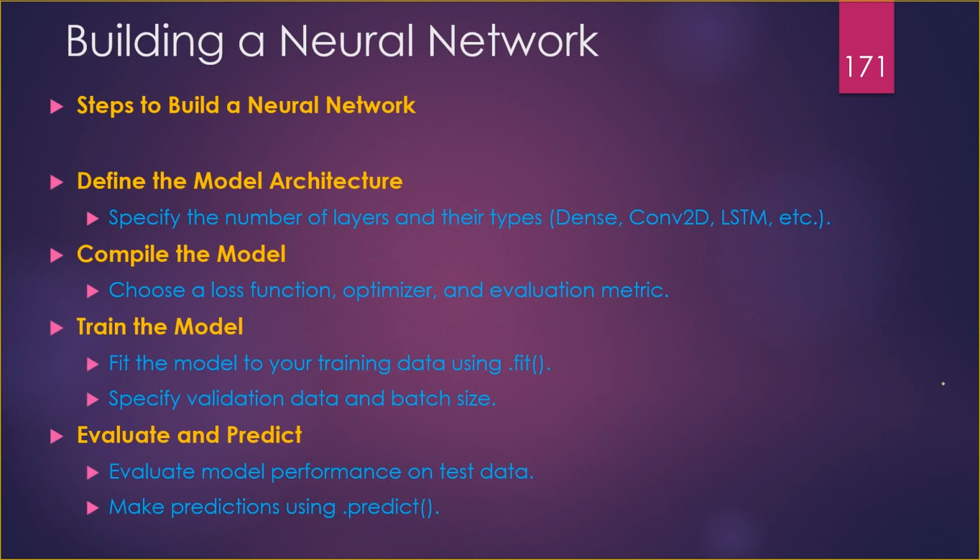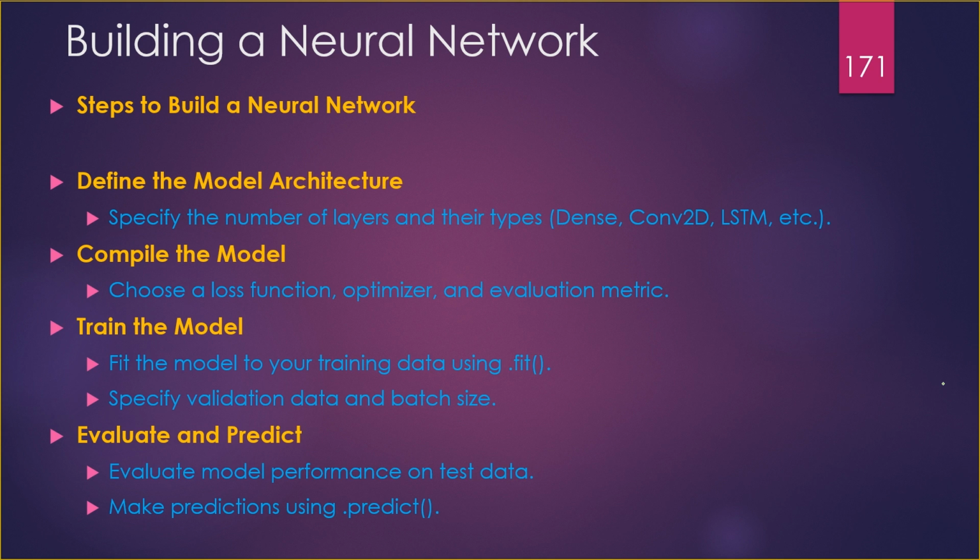So basically, in a nutshell, the steps for creating this type of neural network, or multi-layer perceptron, whatever you say for the time being, are that you have to define the model architecture. Okay, what does it mean?